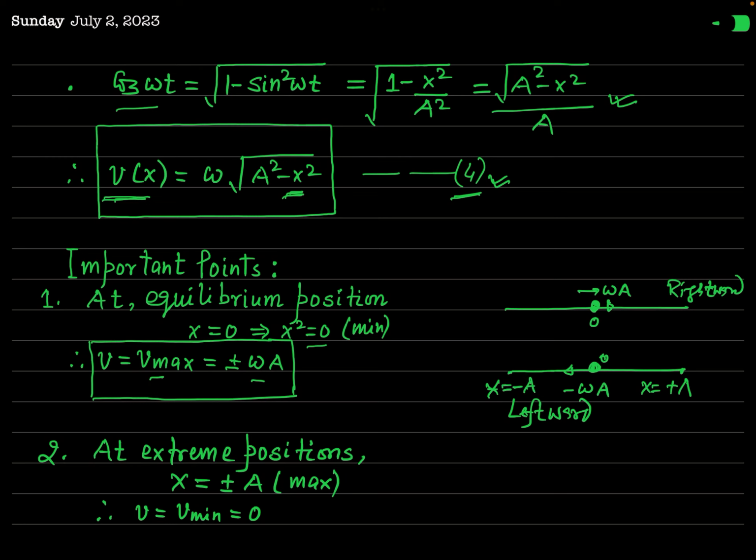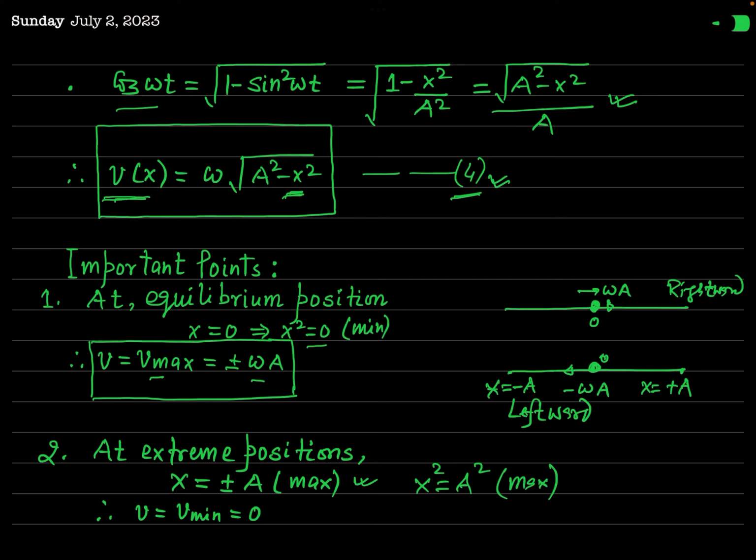In general, at extreme positions x is equal to plus or minus A, and this is the maximum value of x, so x square will be equal to A square. Even when you take minus A, it will be A square, and this is the maximum value of x square.